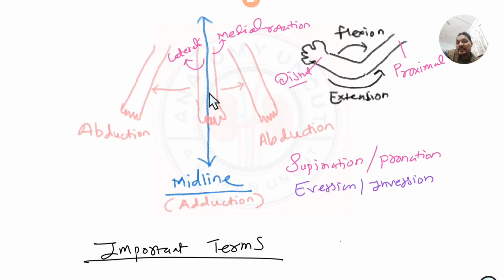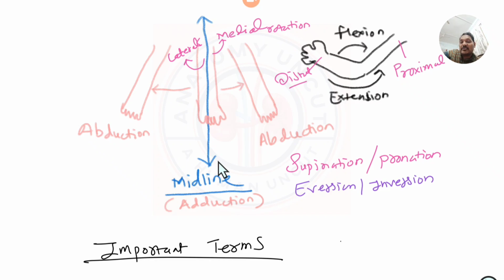Now, with regard to the position of the hand, if your hand is coming towards the body, it is known as adduction, and if it is going away from the body, it is called abduction. If it stays in the midline, say something is in the midline, it is already adducted.